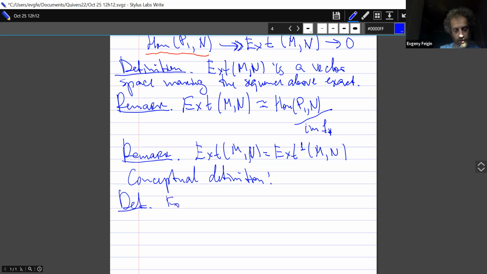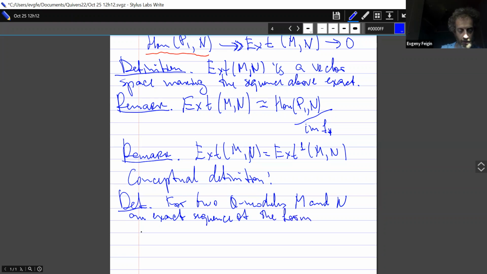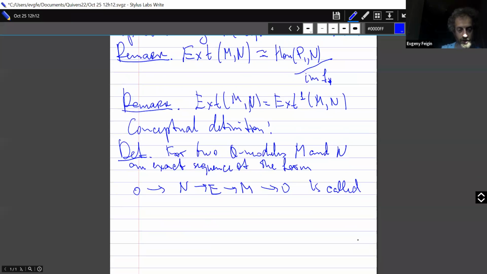So for two modules M and N, an exact sequence of the form 0 to N to E to M to 0 is called an extension of M by N.